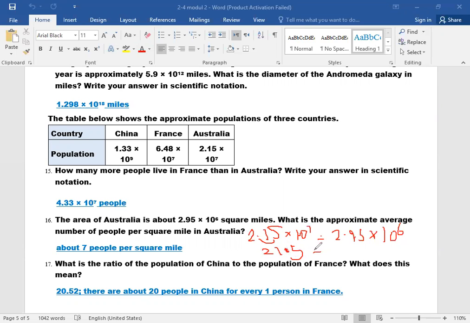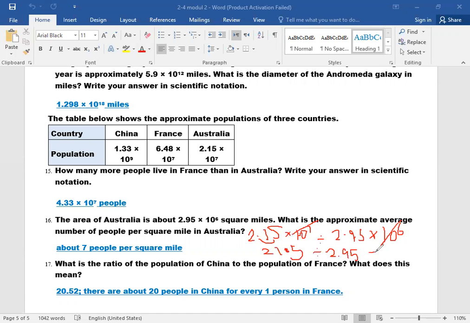21.5 divided by 2.95. And in this case, we are going to cancel 10 with 10. I already moved the decimal point to the right, so we will decrease this one. It becomes 10 to the power of 6.